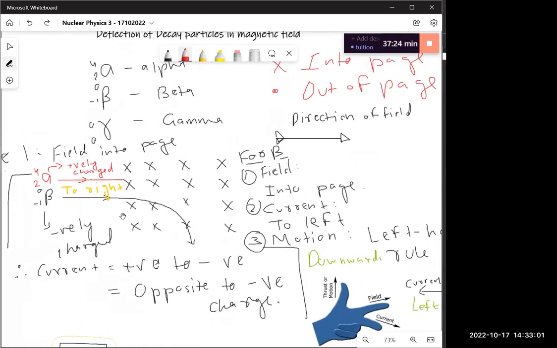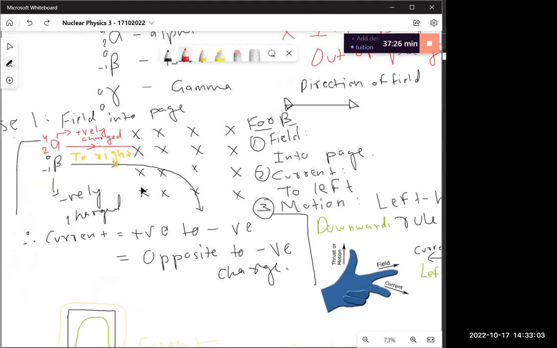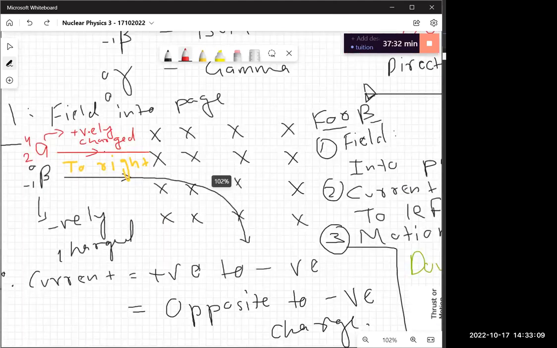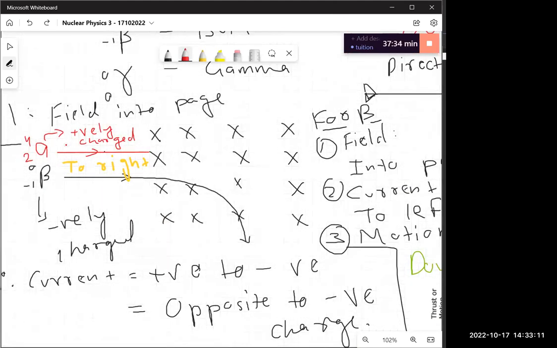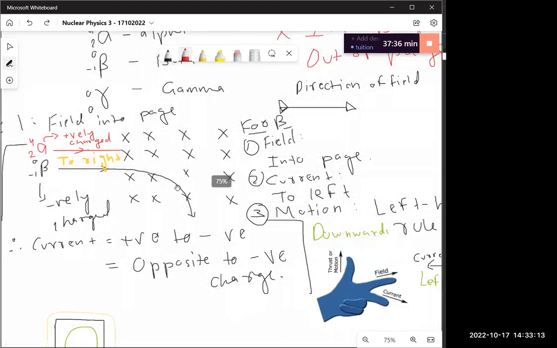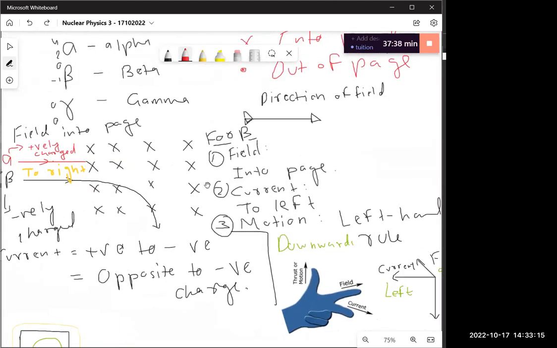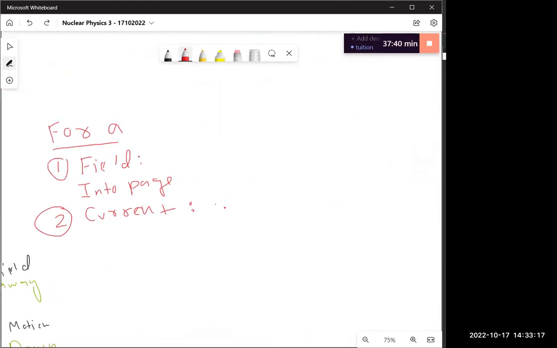What about the current? Anas, I'll tell you what the current is. For the alpha particle, the current is the same as the direction of alpha. Current is positive to negative, and since alpha is positive, wherever the positive charge is going, that's my current direction.